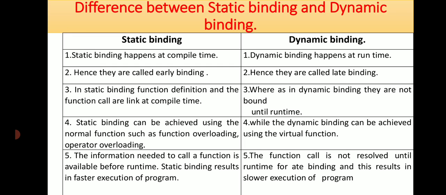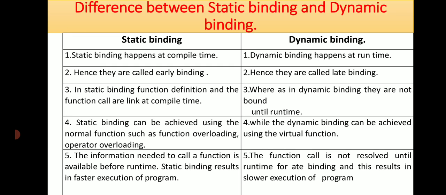The information needed to call the function is available before runtime in static binding, so static binding results in faster execution of the program. Whatever information is required to link the calling function to the called function is resolved during compile time, so execution becomes somewhat faster.